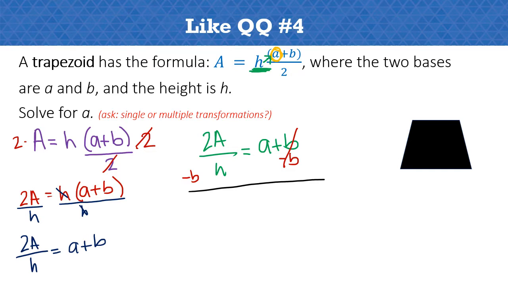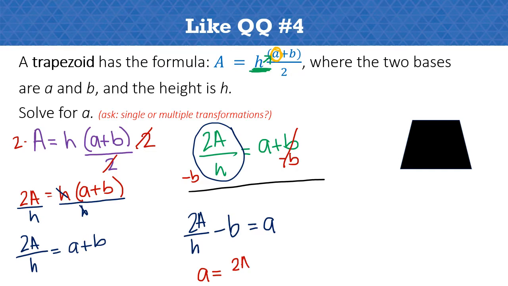On the left-hand side now, we have 2A over h first, minus b is equal to a. And then if we want to have our variable on the left-hand side, it's a is equal to 2A divided by h, all minus b.